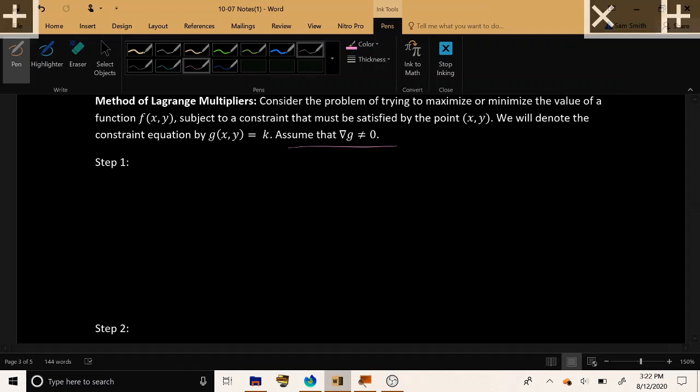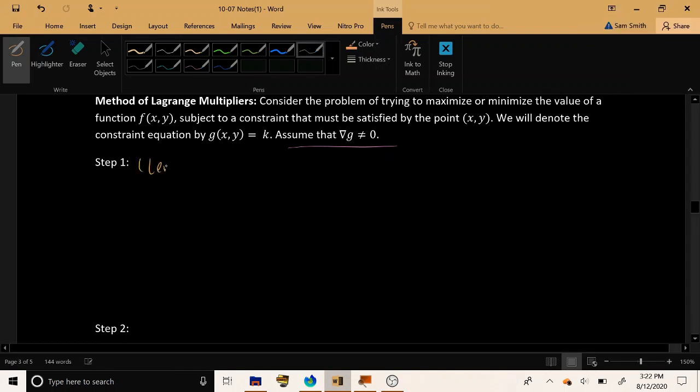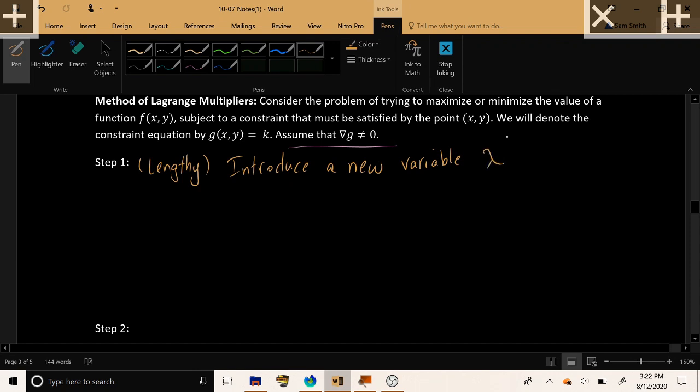Step number 1, and this is usually a pretty lengthy step, we introduce a new variable which is called lambda. That is the Greek letter lambda. And then we try and solve a system of two equations.